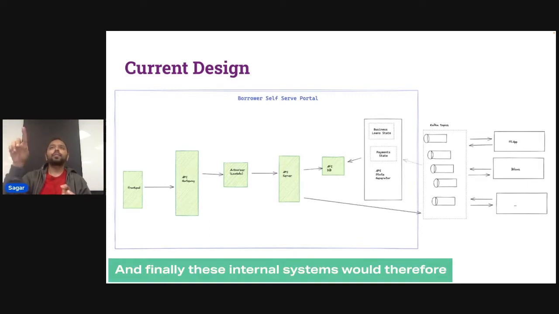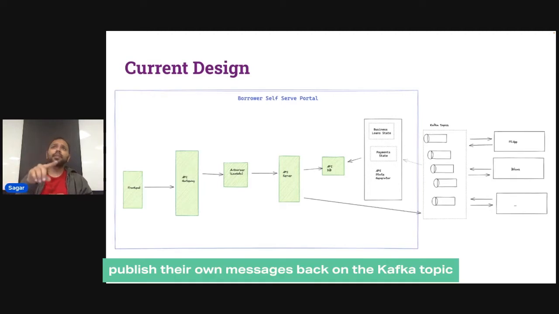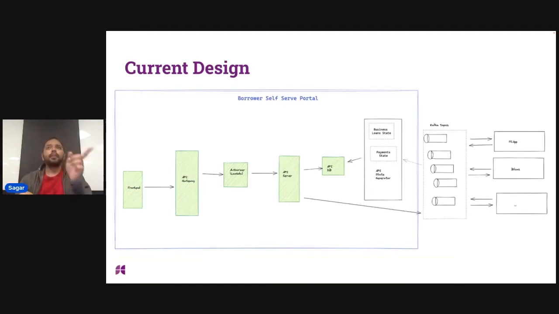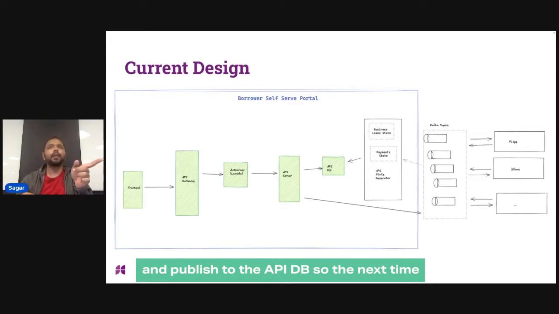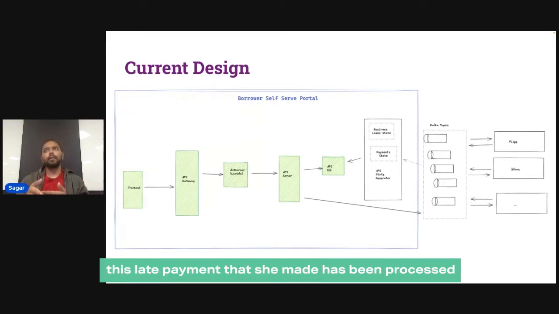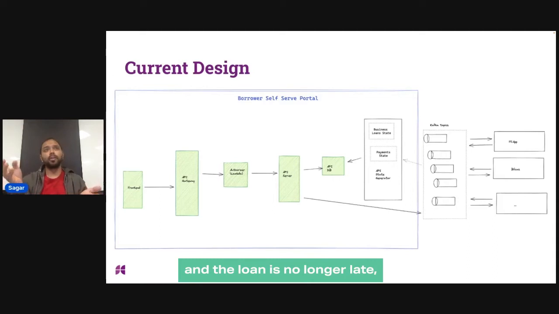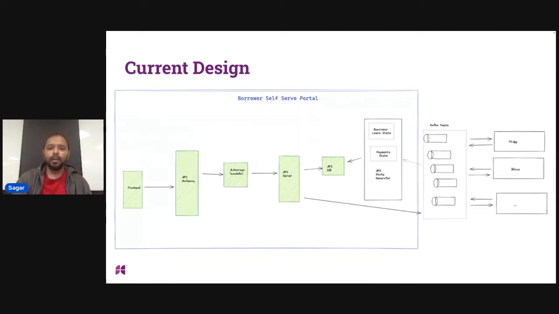And finally, these internal systems will publish their own messages back on the Kafka topic, which the API state generator will read and publish to the API DB. So the next time the borrower logs in, she will be able to see that this late payment that she's made has been processed and the loan is no longer late and she's caught up on her repayments.